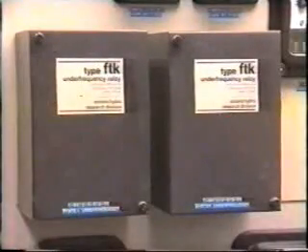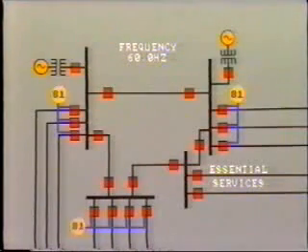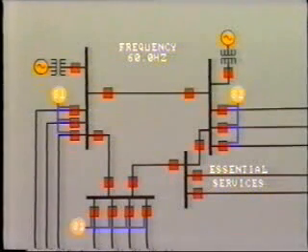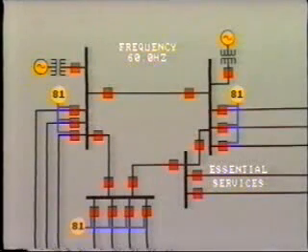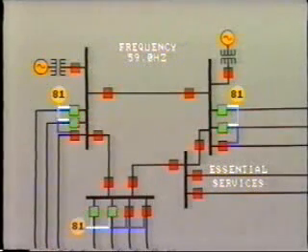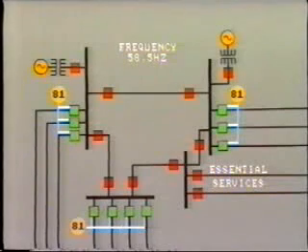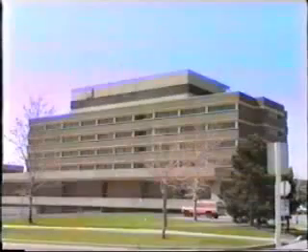Automatic load shedding is carried out by frequency relays. These are usually installed in distribution substations and are set to disconnect blocks of load at specific frequencies. For example, 59.5 hertz, 59 hertz, 58.5 hertz. Obviously, the load shedding is set up so as to disconnect non-essential loads first.